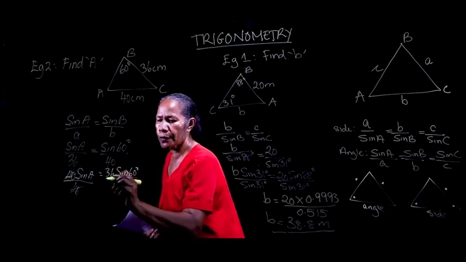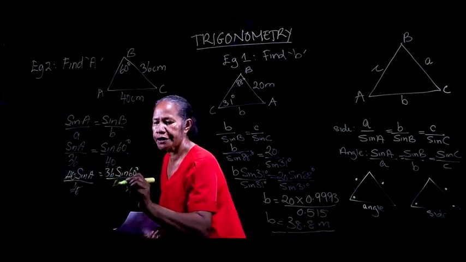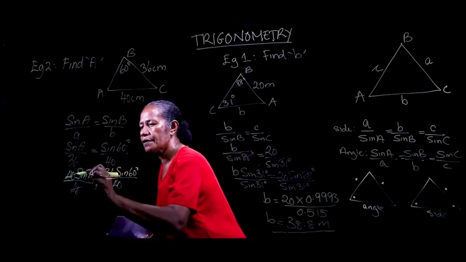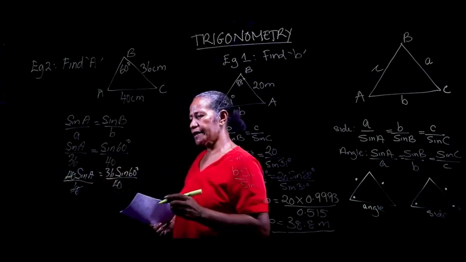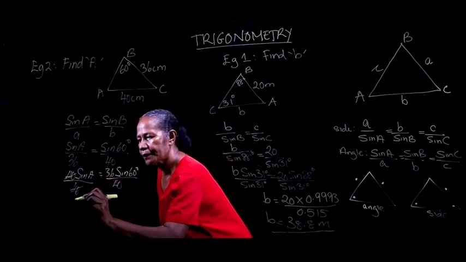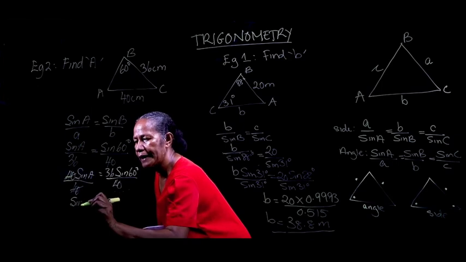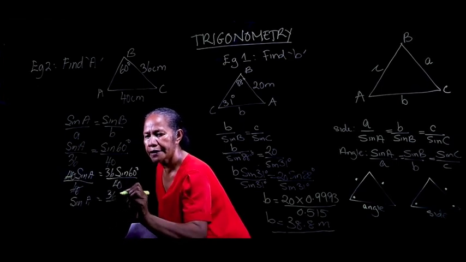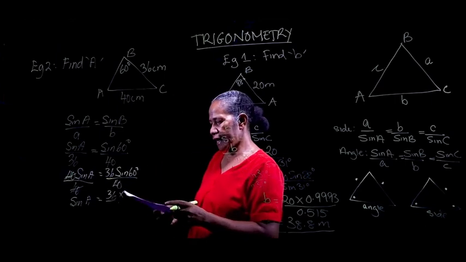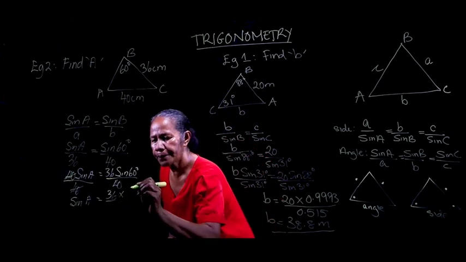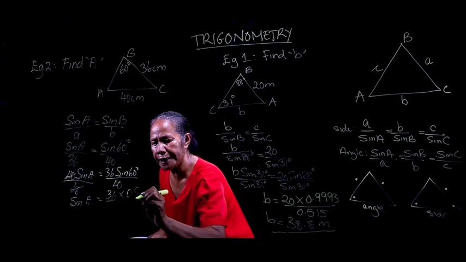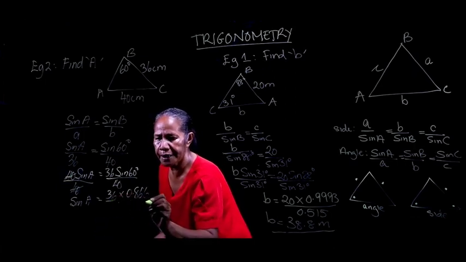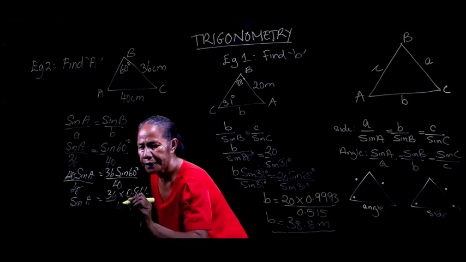The 40 cancels, and we are left with sine A is equal to 36 times the value of sine 60, which is 0.866, divided by 40.